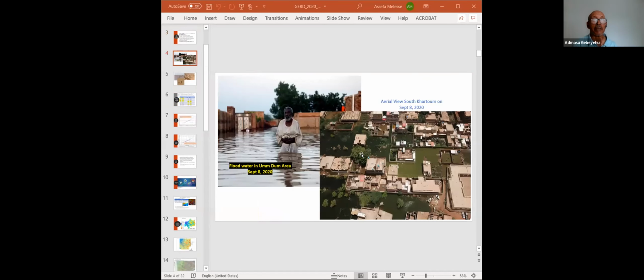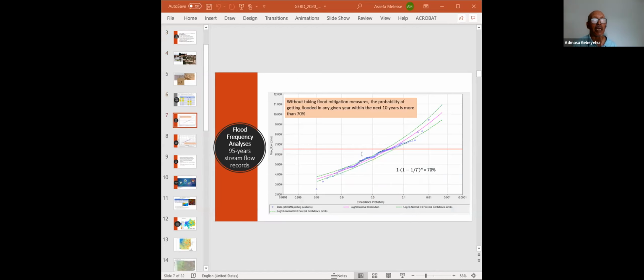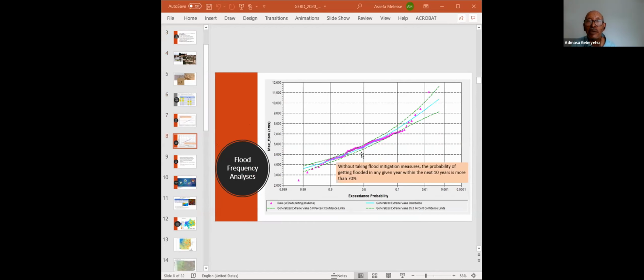Yes. Those are the numbers. The next slide is a graph that shows the frequency analysis. Yes, the frequency analysis where you have a yellow, a blue curve probably. And also, yes, this one.